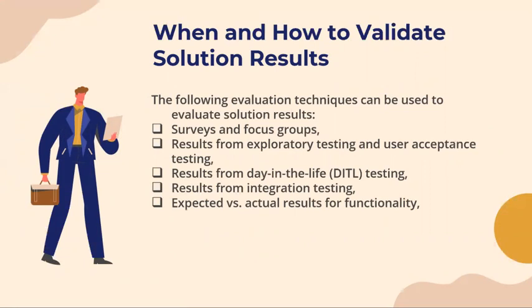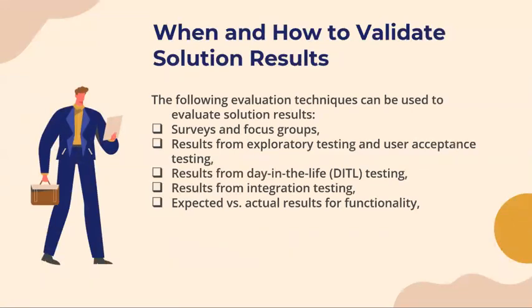It should be defined first, so that's what we go back to when we evaluate. Normally this is in tabular form, where one column is for the expected result and one column for the actual result. So we compare the difference between actual and expected. If there is a difference, of course, action should be taken.